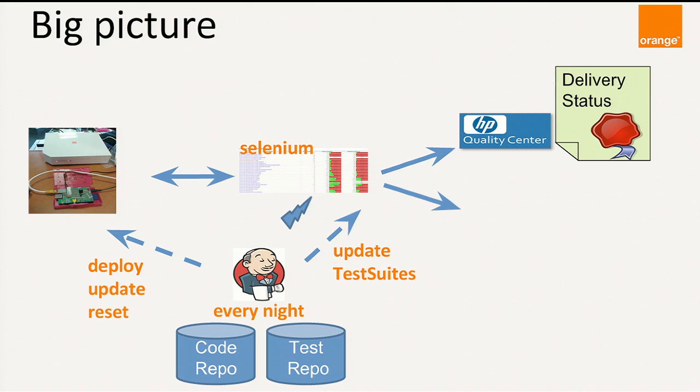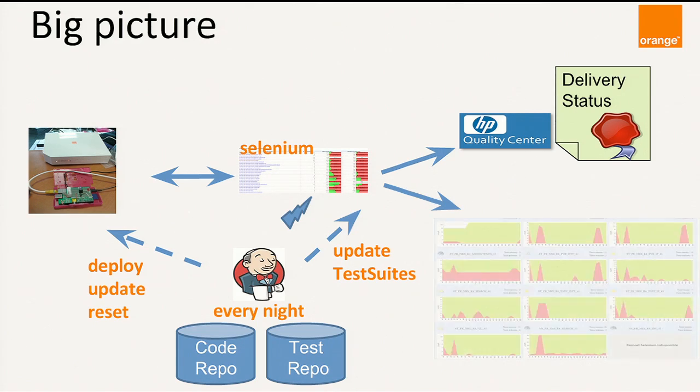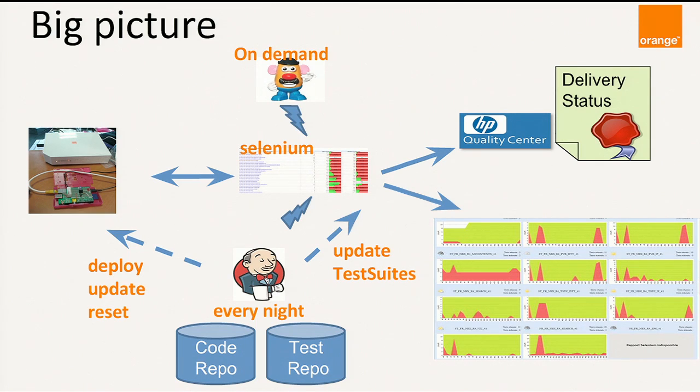And another thing we have added is a dashboard in order to follow the status of all the test suites. Because now we have 6 different STBs that we test every night. So this generates a lot of data, and we need a quick view on all the statuses of these tests. And we are also able to generate this on demand.